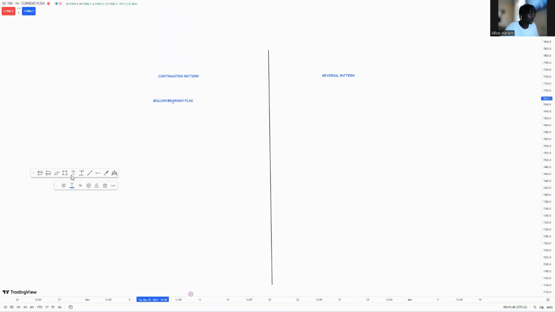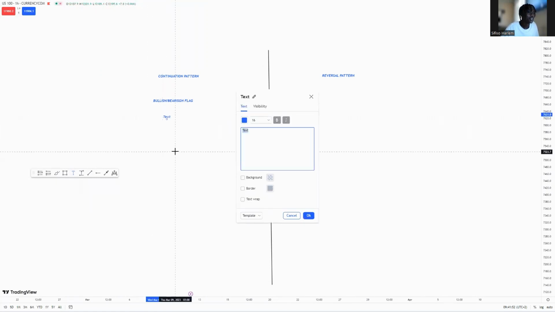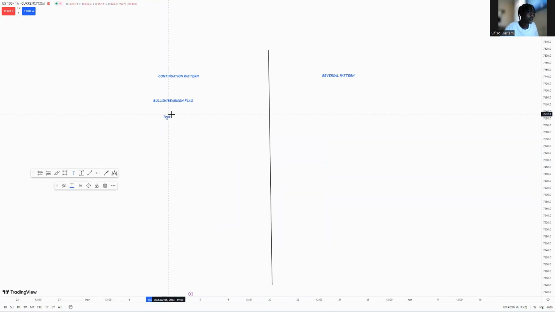And then what other patterns do I use mostly? And then I have my double top. No, but double tops and double bottoms are reversal patterns. So in continuation patterns, I mainly use bullish and bearish flags.